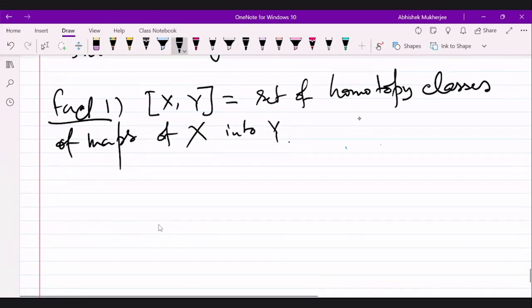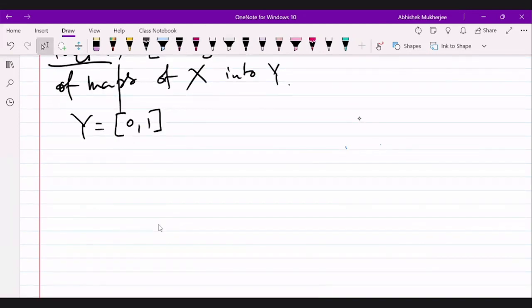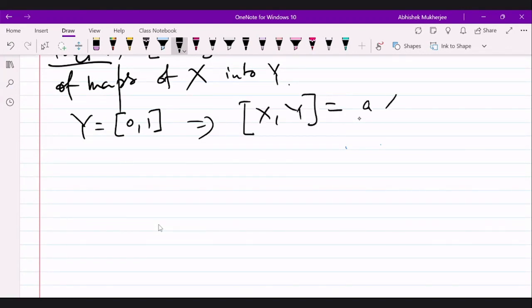Now, if you consider Y to be just the closed unit interval, then you can check that this will be a singleton. Whereas instead of taking Y to be [0,1], let us take X to be [0,1].